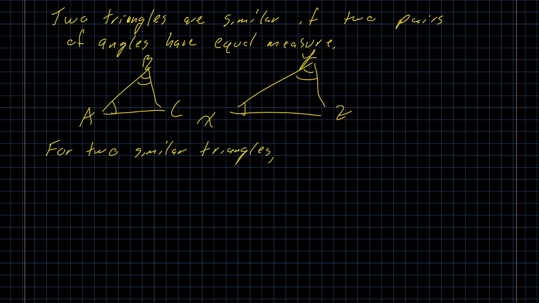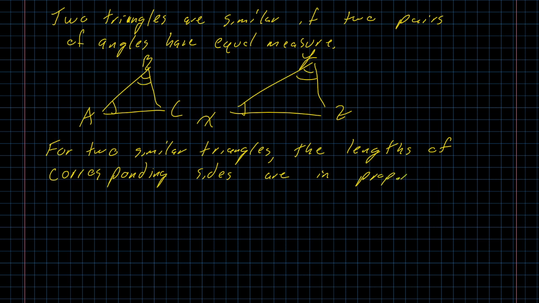For two similar triangles, the lengths of corresponding sides are in proportion.